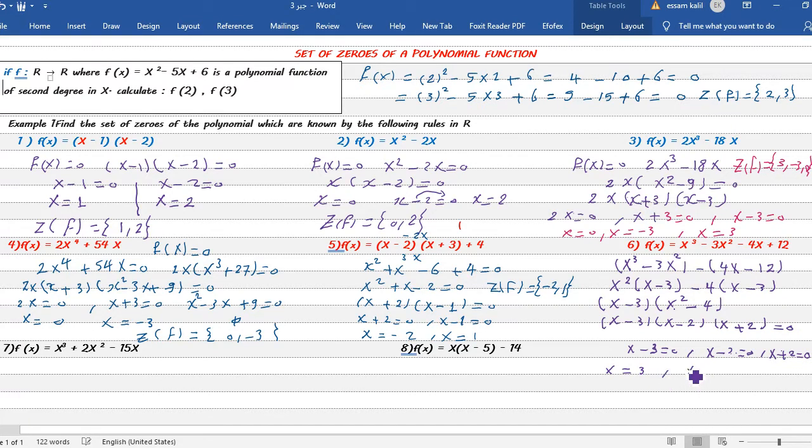Move negative 2 to the other side, then x equals 2. Move 2 to the other side, so x equals negative 2. Then zeros of f equal 3, 2, negative 2.